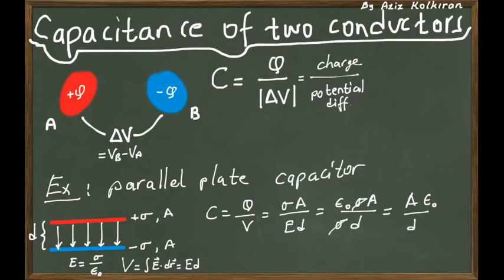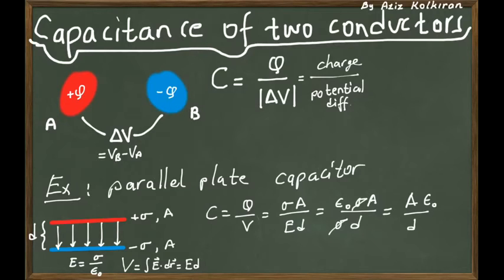So when you have two metal plates of area A, and you keep the distance d, the capacitance grows with the size of the surface area. Of course, this is very intuitive, very logical, because if you enlarge the surface area, then the capacity to hold more charge is more, right?